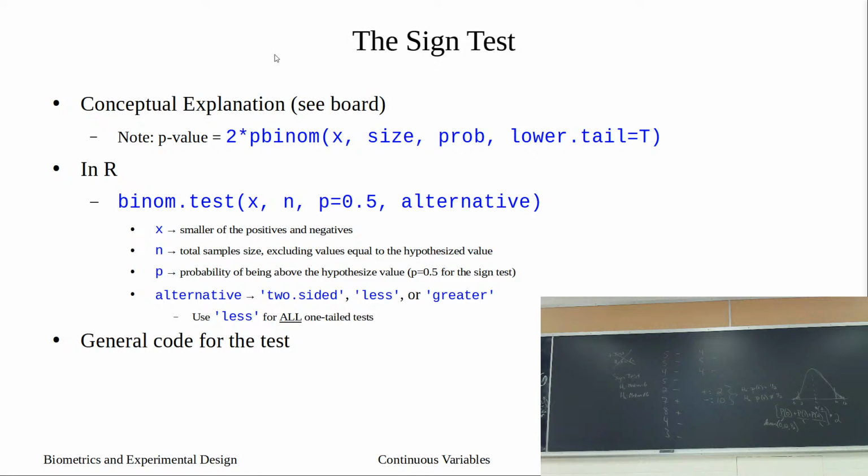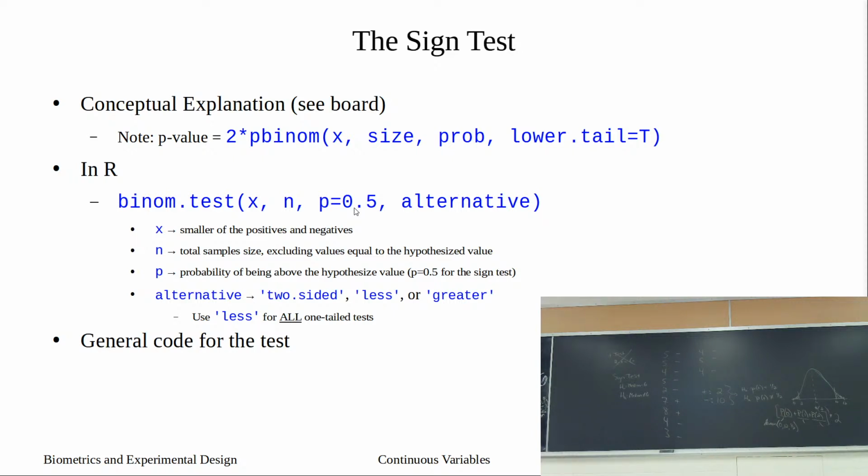So what I like to use is what's called the binomial test. And this tests the likelihood of getting our number of positives out of our total sample size under the assumption that our probability of success is 0.5, which is exactly what our sign test is doing.